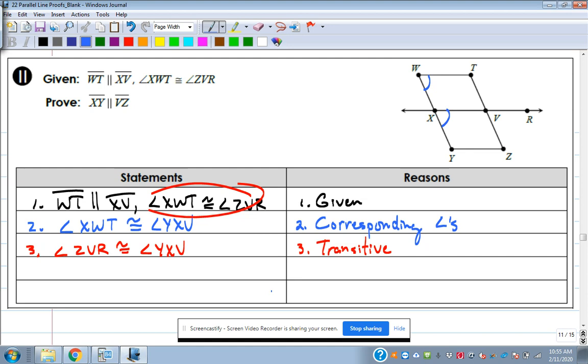So in my picture, we're trying to prove XY, which is right here, parallel to VZ, right here.